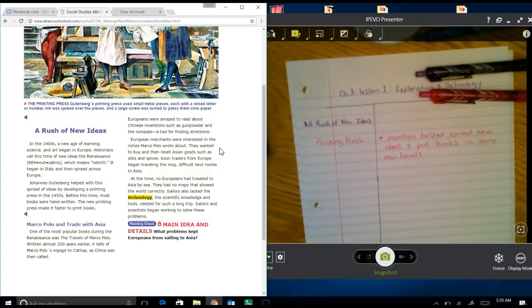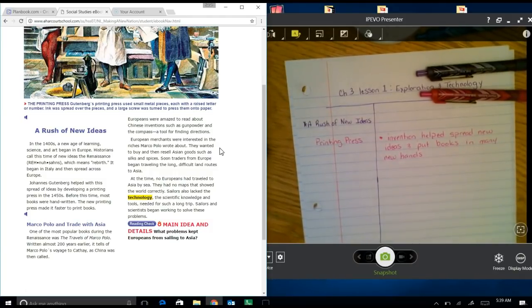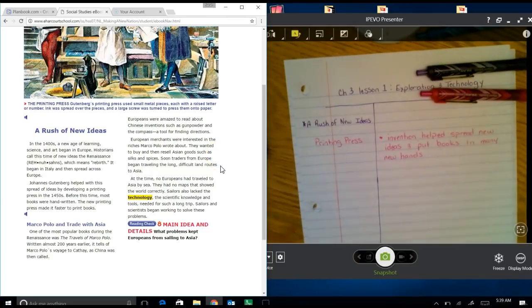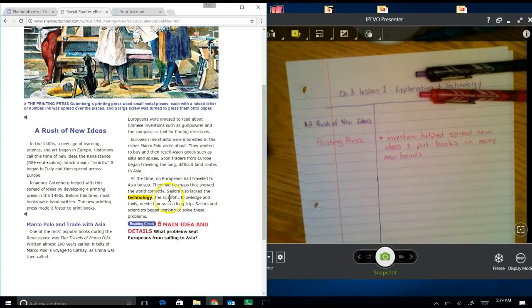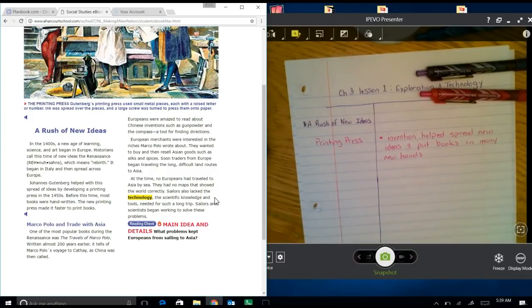They wanted to buy and then resell Asian goods such as silks and spices. Soon, traders from Europe began traveling the long, difficult land routes to Asia. At the time, no Europeans had traveled to Asia by sea. They had no maps that showed the world correctly. Sailors also lacked the technology or scientific knowledge and tools needed for such a long trip. Sailors and scientists began working to solve these problems.